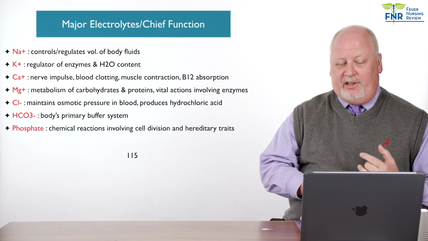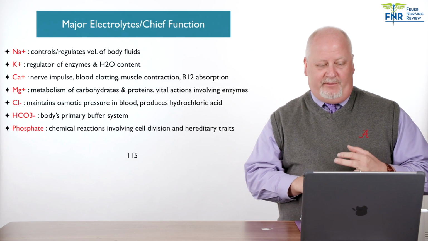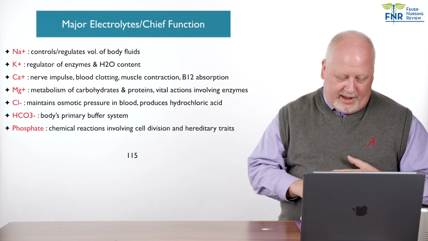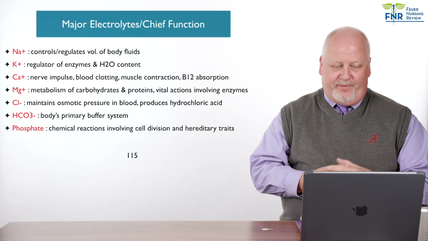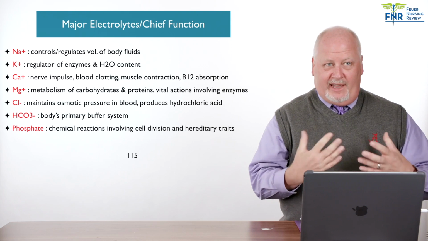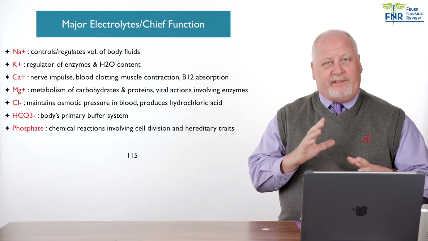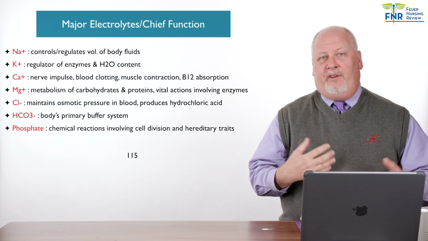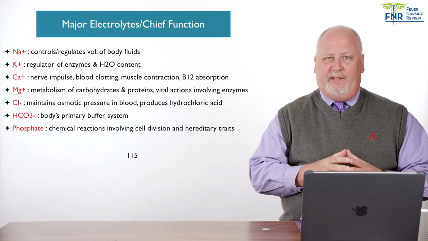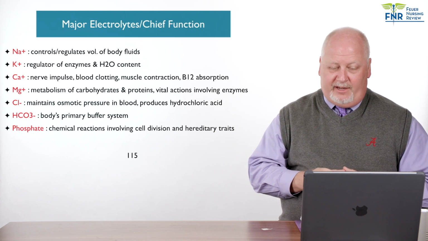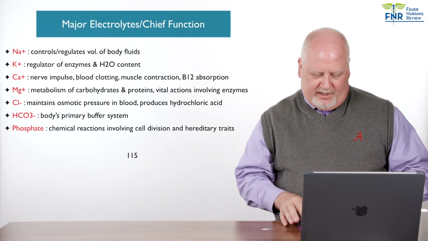Magnesium metabolizes carbohydrates and proteins, as well as actions involving enzymes. Chloride maintains that osmotic pressure in the blood. Bicarb, which is the HCO3, is a primary buffer system in the body, and we're going to see more of how bicarb is involved in acid-base balance. And phosphate is involved with chemical reactions in the body that has to do with primarily cell division.